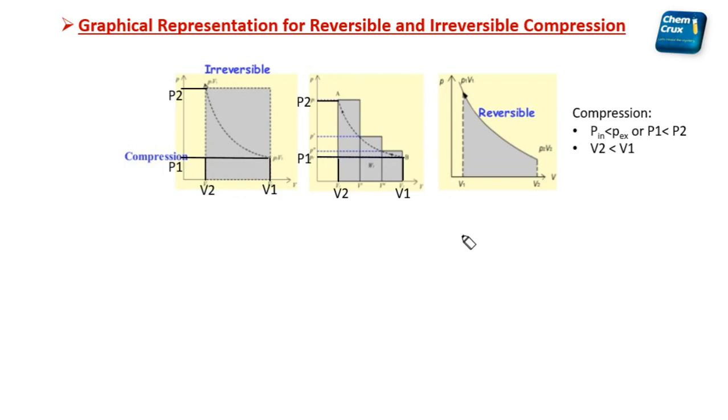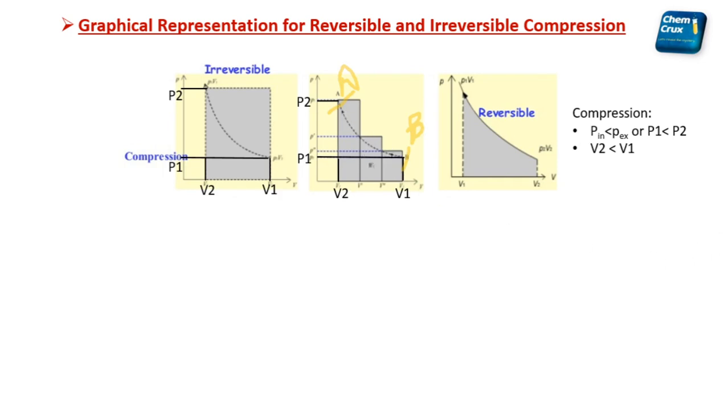Now coming to reversible compression. Now we know reversible processes are carried out in several small steps. So from B to A, the pressure has increased from P1 to P2 and volume decreased from V1 to V2, and it has occurred in 3 small steps.